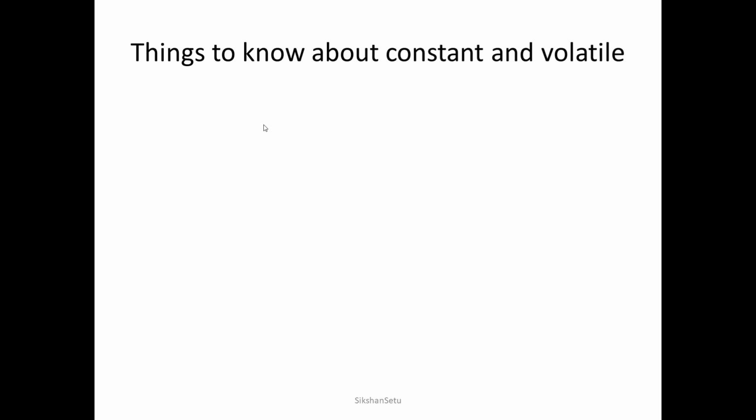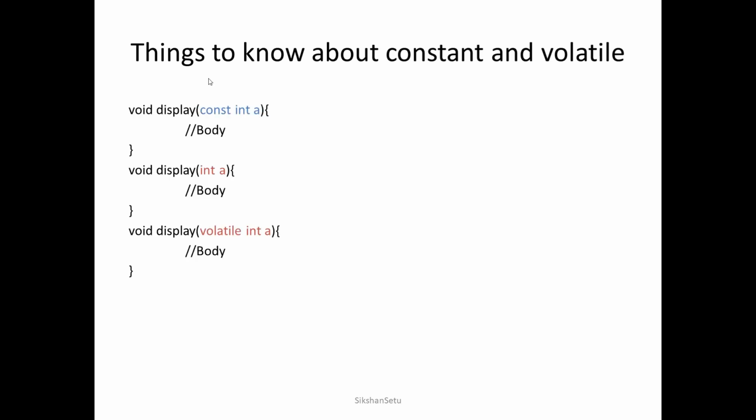Next case, whenever we are using type specifiers, constant or volatile, in my program during function overloading, you need to take care. Like we have three functions. In one we are passing constant integer a, another integer a, and the third one is volatile integer a.